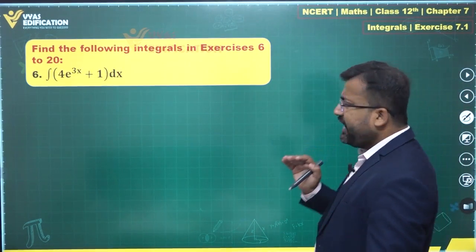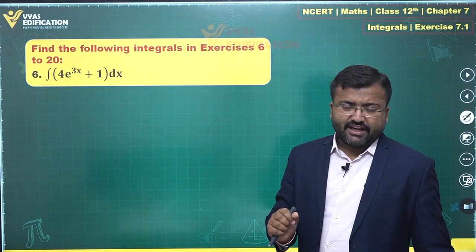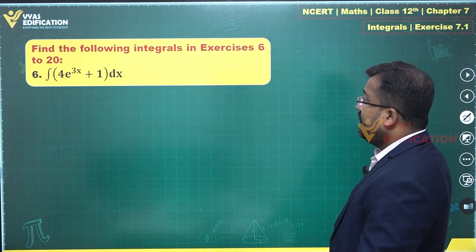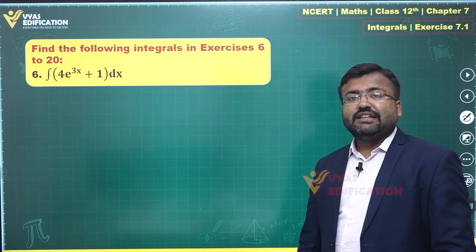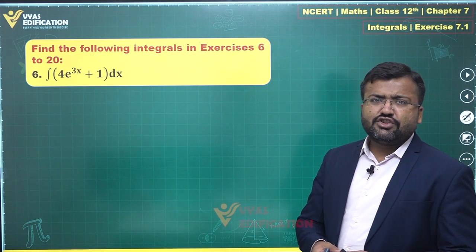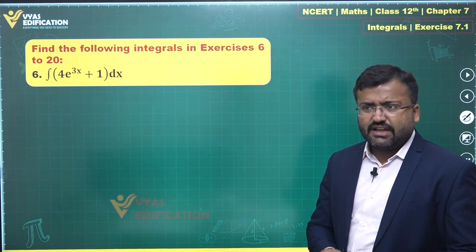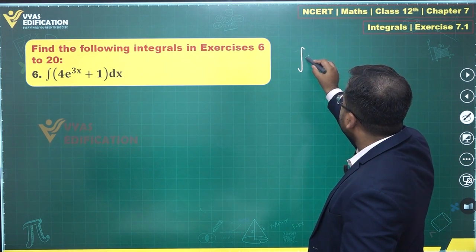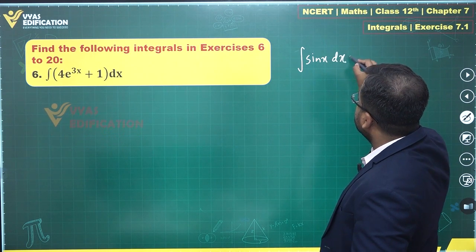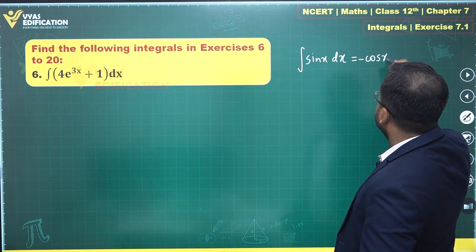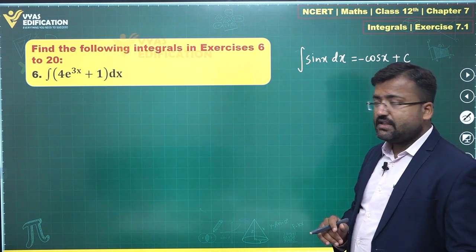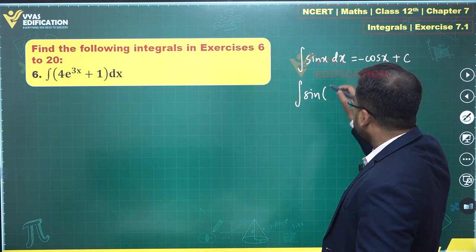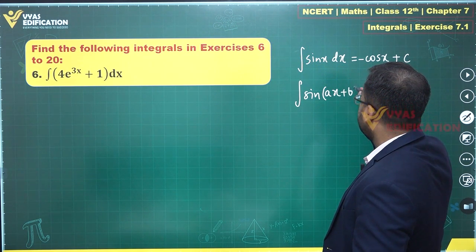Now, before I continue any further, I want to tell you a small thing. What is that small thing? Now, this particular thing has been skipped in the NCERT maybe, but I don't know the reason for that. The methods of integration which you study in the second exercise deal with this kind of thing, but then if you know certain formulae, let's say if you know that the integral of sine x dx is equal to minus cos x plus c, then you should also be aware of the integral of sine of, instead of x, a linear expression in terms of x.